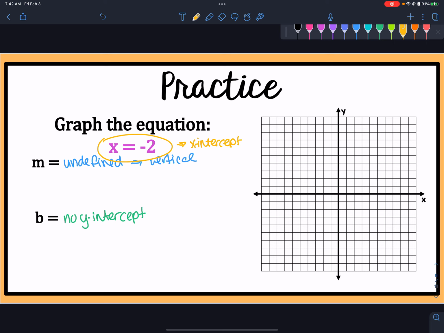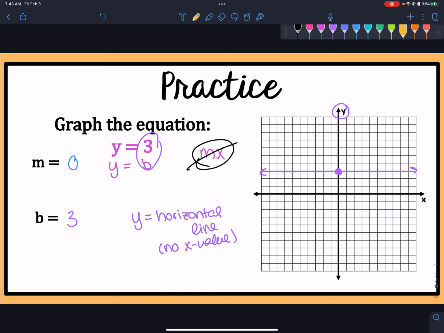So the idea is I'm now going to find my x-axis. I'm going to find -2 on my x-axis. And because the slope is undefined, I'm going to draw a vertical line going through -2. And then that is our graph. So again, this one has no y value in it.